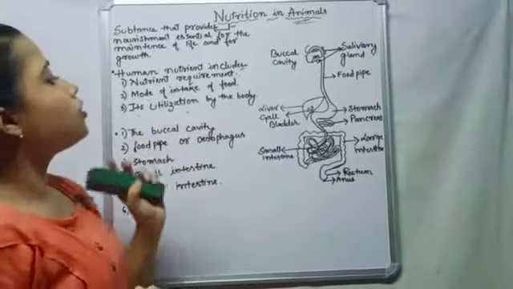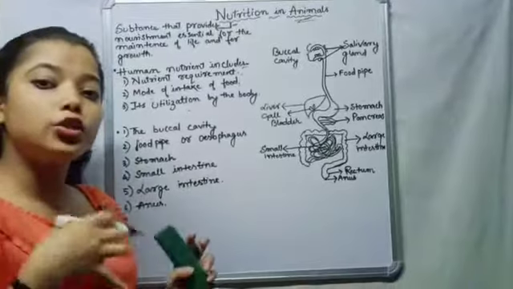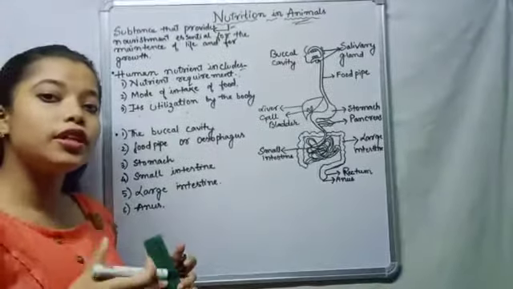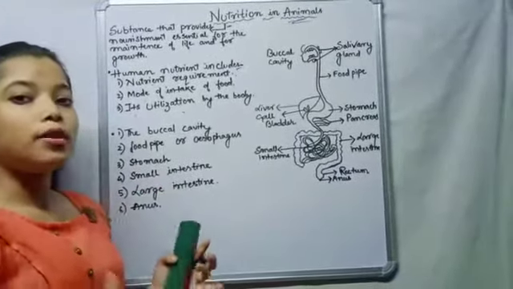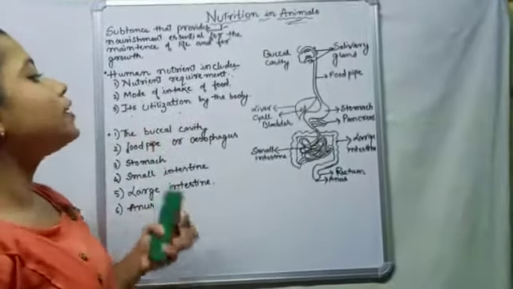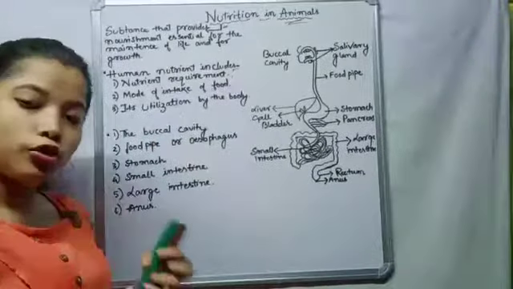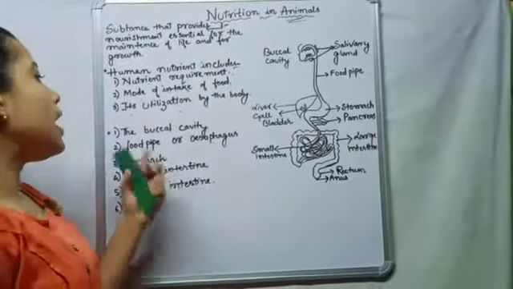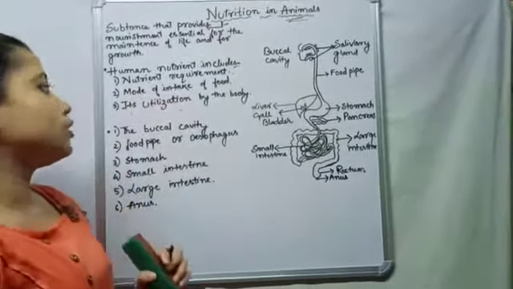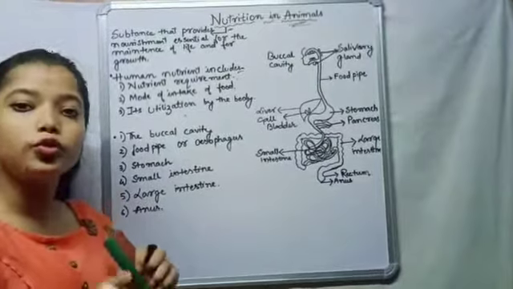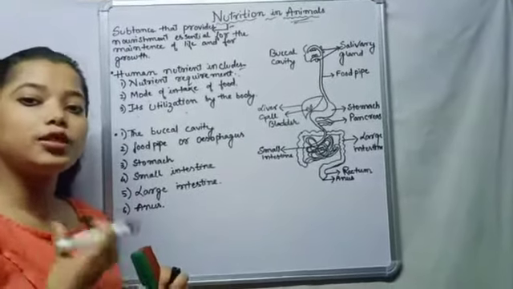Nutrient requirement means what kind of nutrient we personally require for our body. Mode of intake of food means by which mode we are taking our food, and its utilization by the body means how the nutrient which we are taking is utilized by our body.